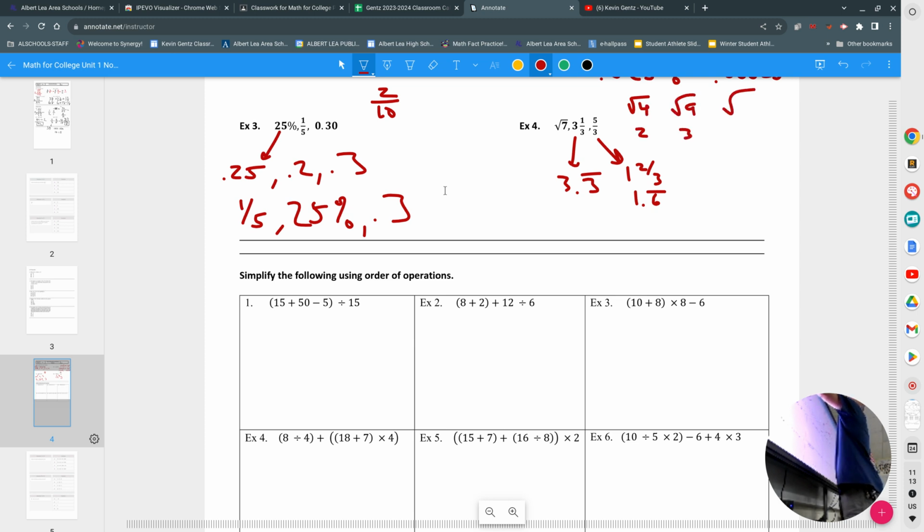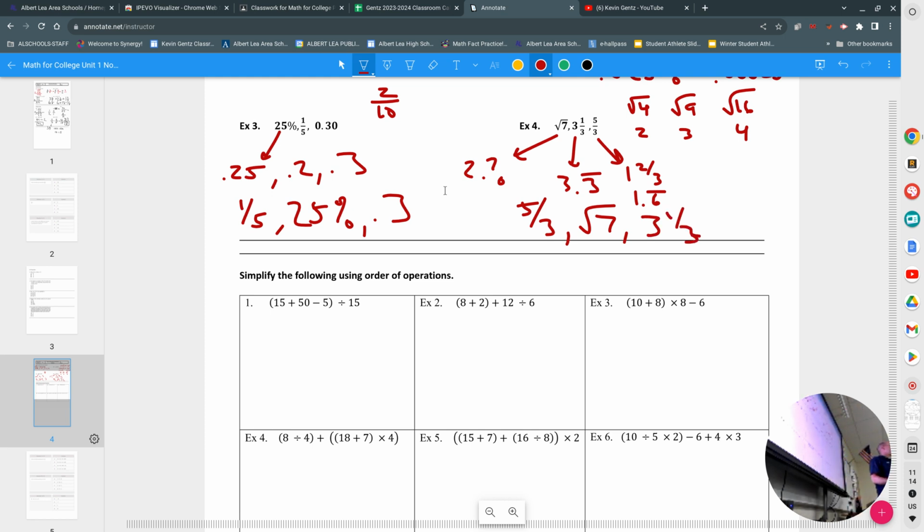I know the square root of 16 is 4. So the square root of 7 is going to sit between the square root of 4 and the square root of 9. So although I don't know its exact value, I know it's 2 point something. And the fact that I know it's 2 point something gives me enough information to say that 5/3 is the smallest, and then the square root of 7 is the next smallest, and then 3 1/3 is the biggest.